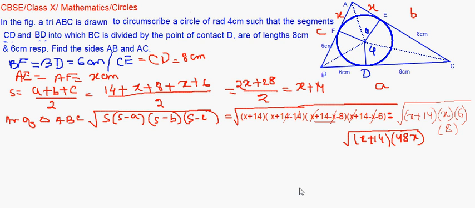Now, because these are all 90 degrees, I'm sure you know about it, because these are radii to the point of tangency. They are all 90 degrees.